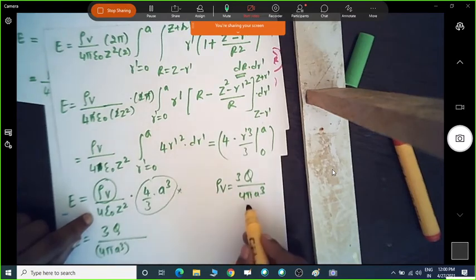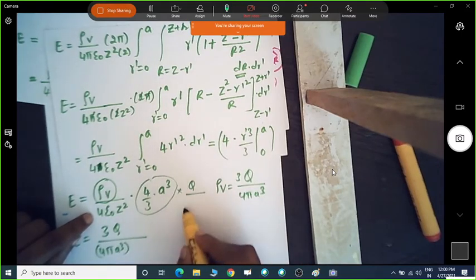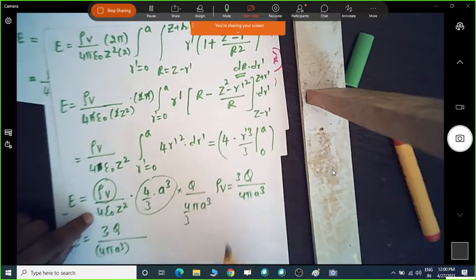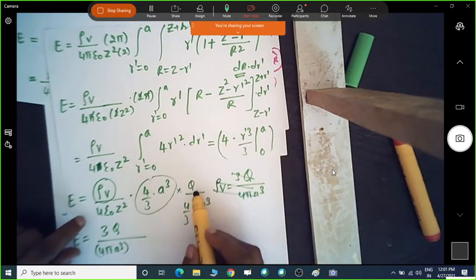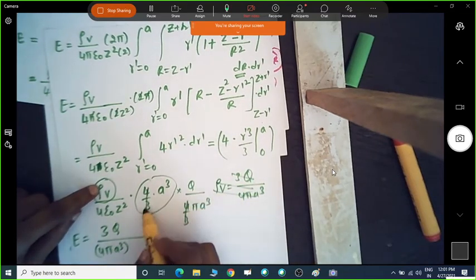So if you multiply, Q by 4 by 3 pi a cube.